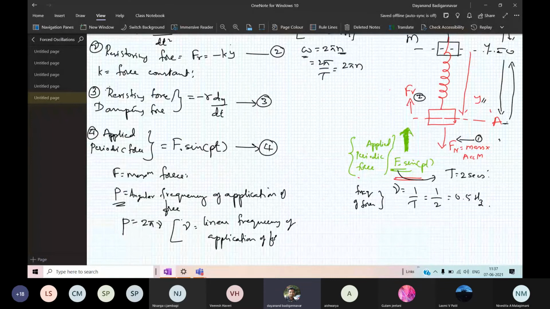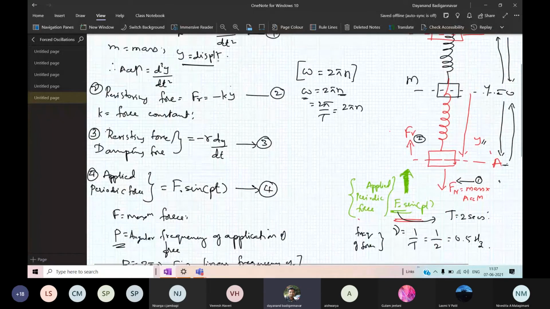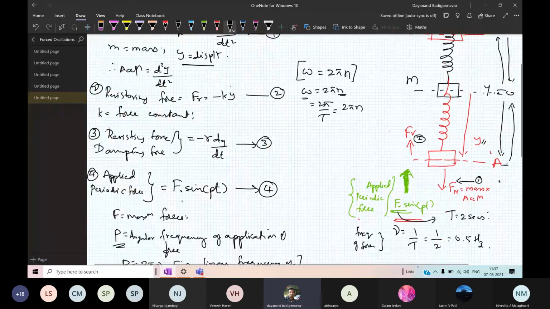Now hope you got the point. So in this equation you are applying a force in a periodic manner with this angular frequency. This is the angular frequency p at which you are applying the force. Okay, got it.